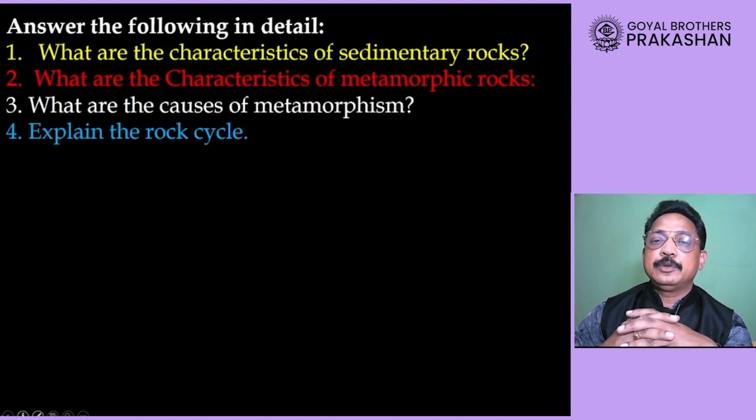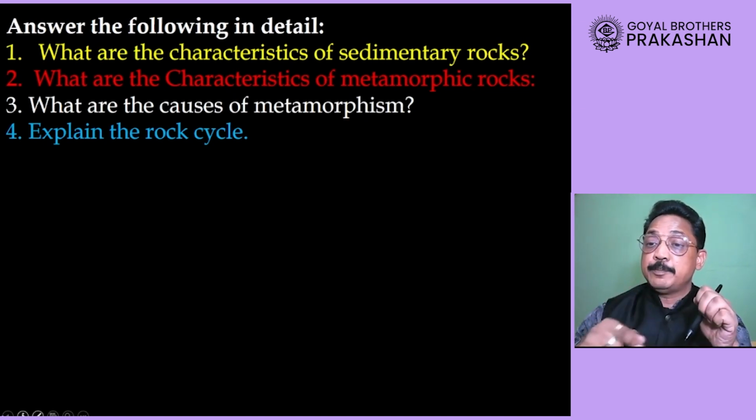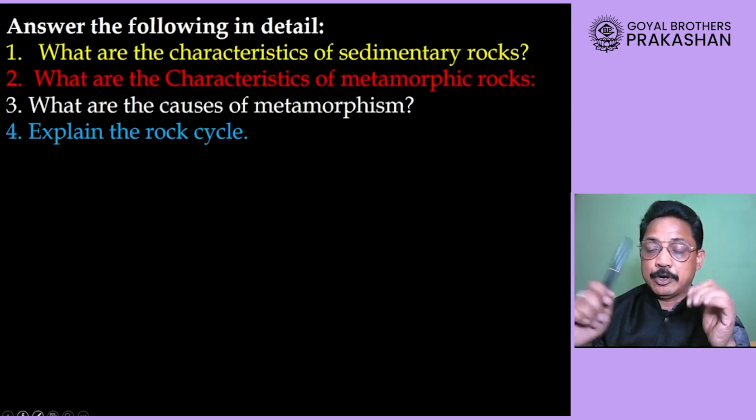Our question number 2: what are the characteristics of metamorphic rocks? Please remember, these are answer the following in detail, so we are expected to write down a minimum of 3 points. Point number 1: metamorphic rocks are formed from pre-existing sedimentary and igneous rocks.